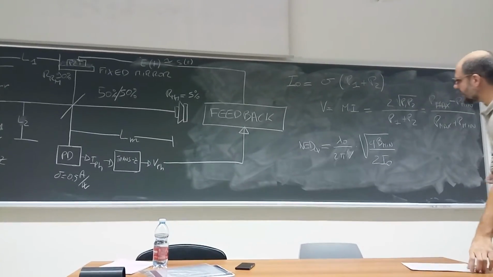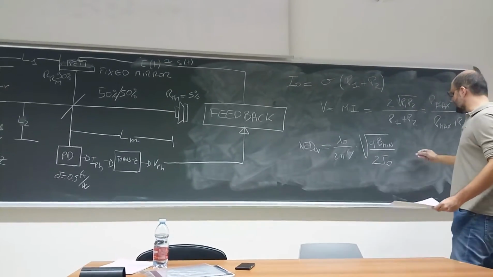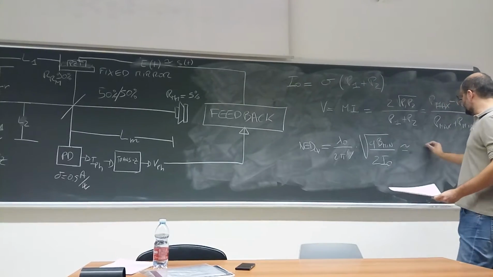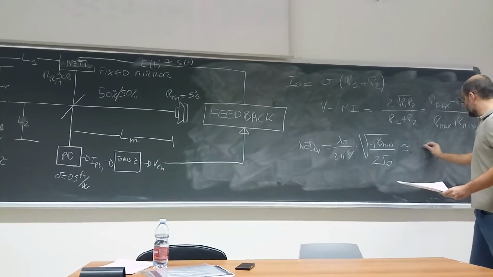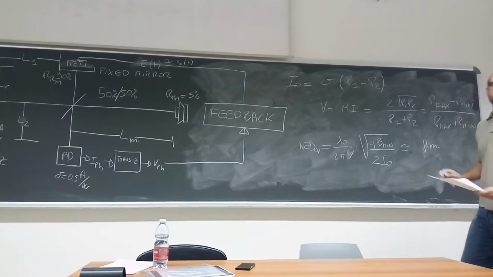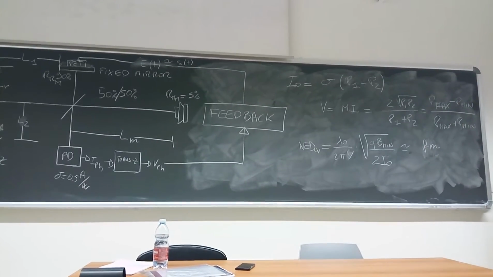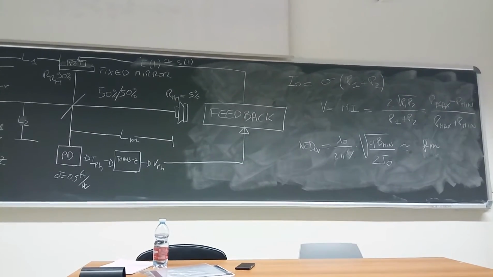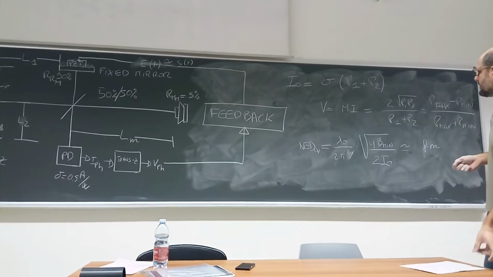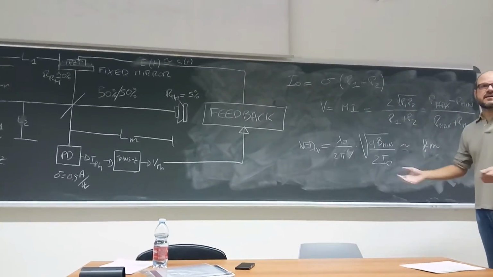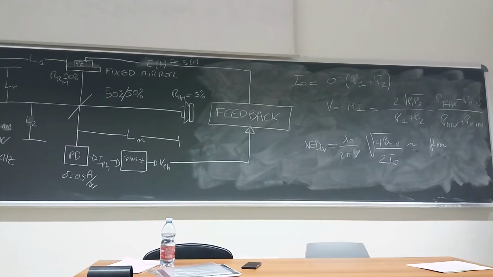Okay. So, just to give you the idea, you get femtometers of possible resolution, or of possible limit. This is a huge result, even because you are using a bandwidth of some kilohertz.